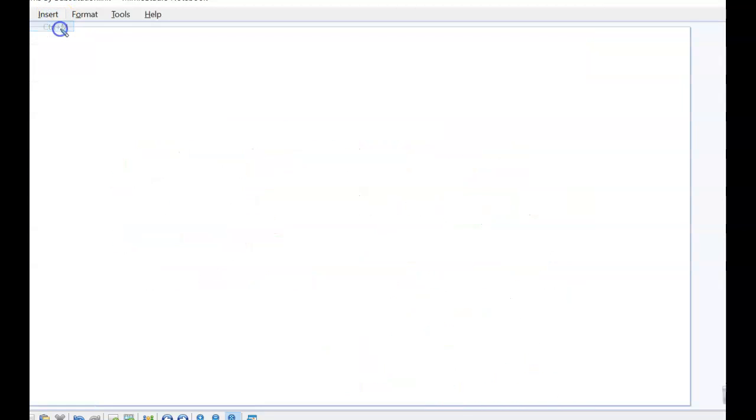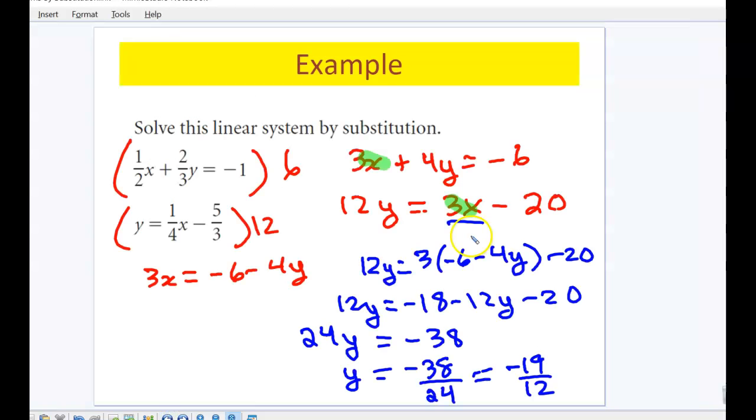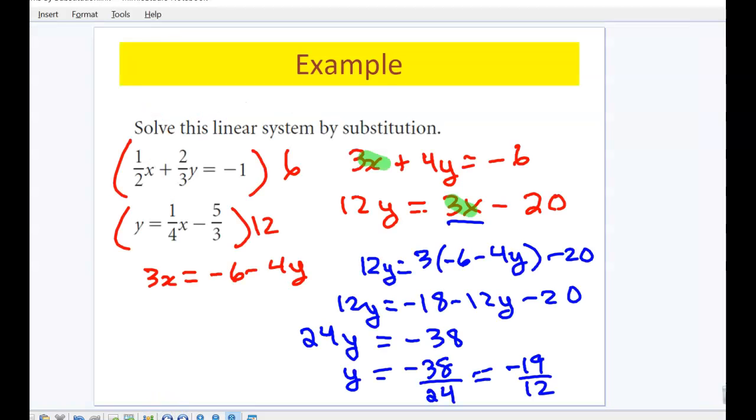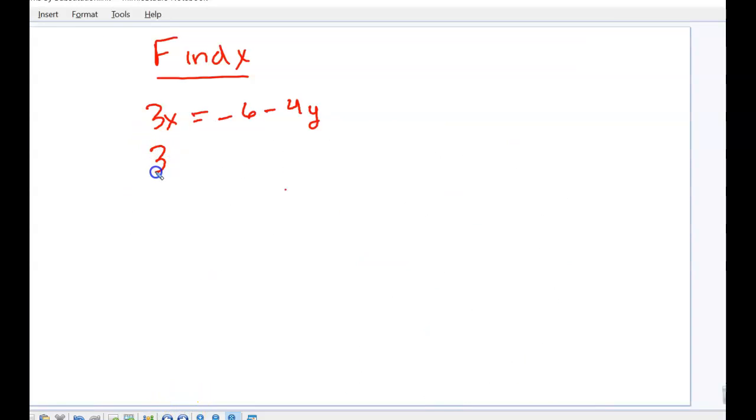So now I still have to go back and find x. So I'm going to take my equation 3x equals -6 minus 4y. And in place of y, I'm putting -19 over 12.